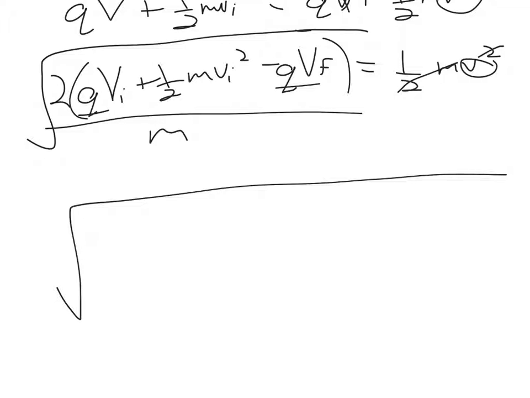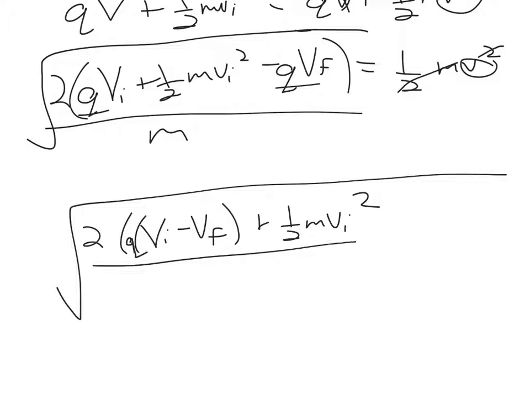So if I factor the Q out, that's going to be 2 times Q times V initial minus V final, plus half m v initial squared over m.